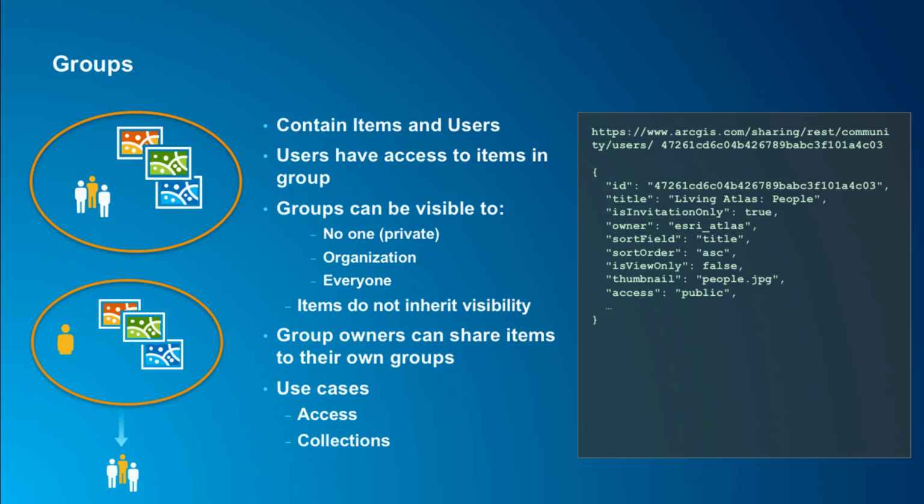Those are groups that someone is curating and putting interesting items and maps into, and then allowing everybody else to experience them as a group. It's like, these are the things I care about, and these are the things that I'm showing you I care about. Again, there's a group endpoint, so each group has a group ID, and you can go in and actually interrogate that through the REST API.